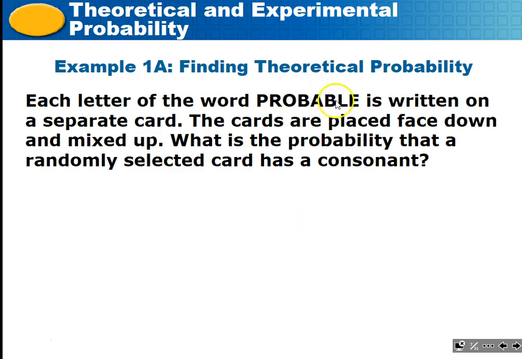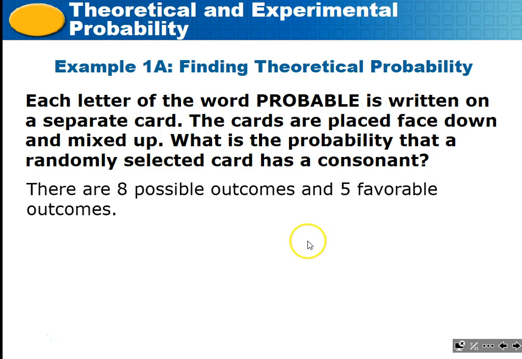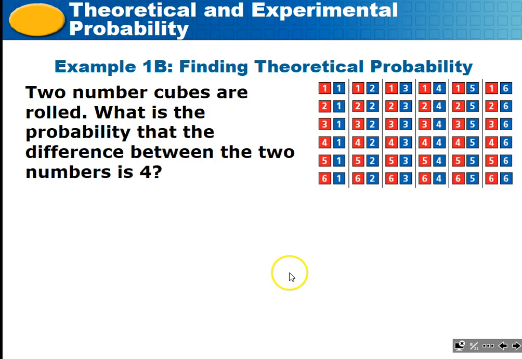Our vowels are O, A, and E, so our consonants are P, R, B, B, and L. That's 1, 2, 3, 4, 5. So our probability is 5 favorable outcomes, the consonants, over 8 possible. When we divide 5 by 8, we get 0.625. We can multiply this by 100, or we can just move the decimal 2 places to the right.